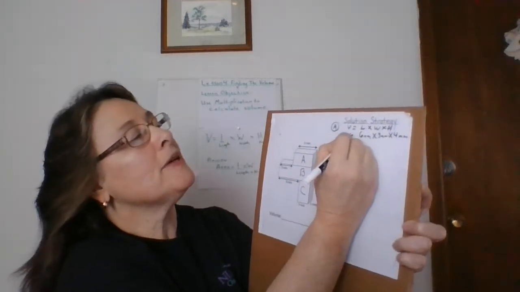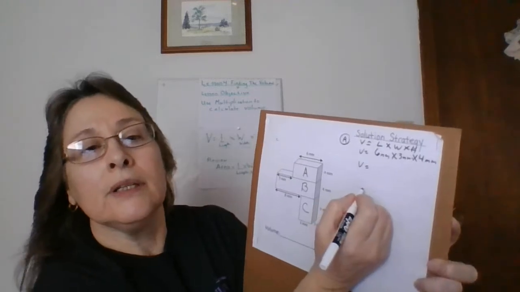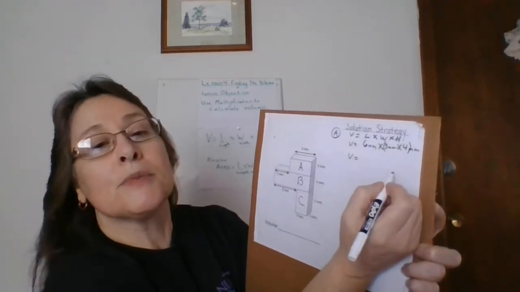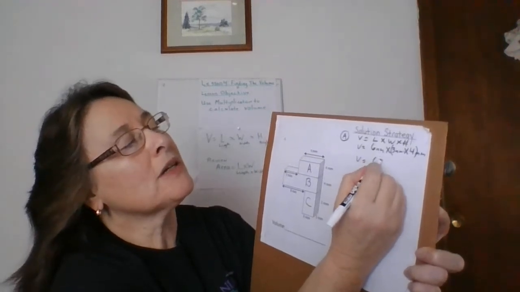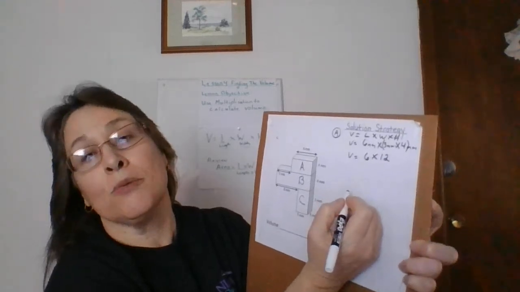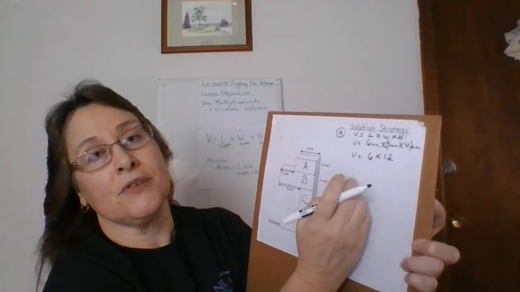So all that's left for me to do is to multiply. I'm going to make my multiplication a little bit simpler. So I'm going to do the 3 times the 4 first. So that will leave me with 6 times 12. Now, if you know your multiplication facts, 6 times 12 is 72.